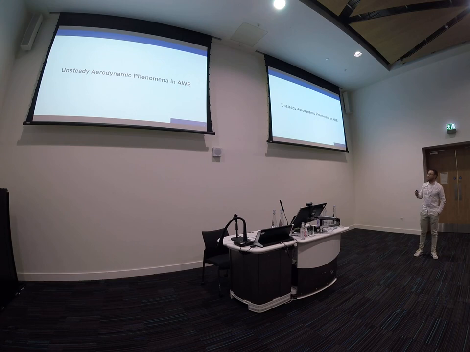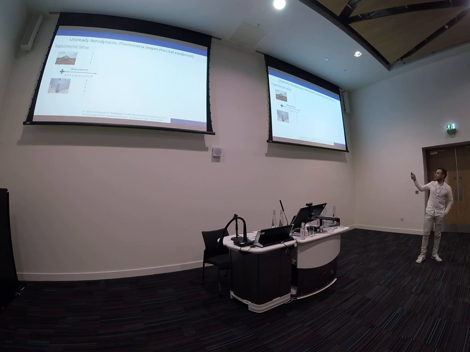I would like to start with some unsteady aerodynamic phenomena that we observe in our experimental data. We have a small scale test bed, with which we can measure the state of the kite, the tension of the tethers, and also the aerodynamic variables: the angle of attack, the side slip angle, and the aerodynamic velocity, thanks to a pitot tube that we bored in the kite.